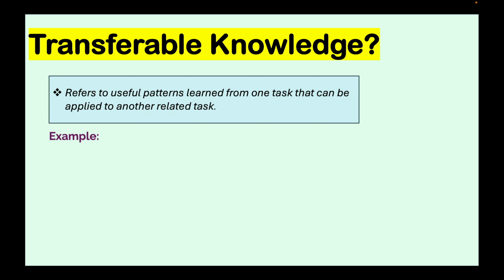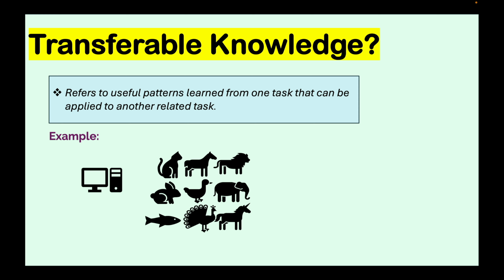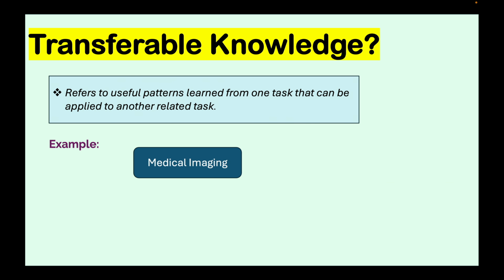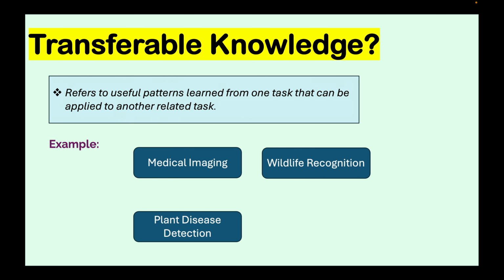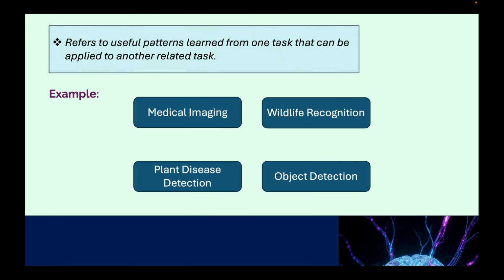For example, a model trained to recognize cats, dogs, cars, people, and trees has already learned textures, edges, patterns, colors, and shapes. These learned features can also be helpful in different areas such as medical imaging, wildlife recognition, plant disease detection, object detection, and so on. So this is called transferable knowledge.